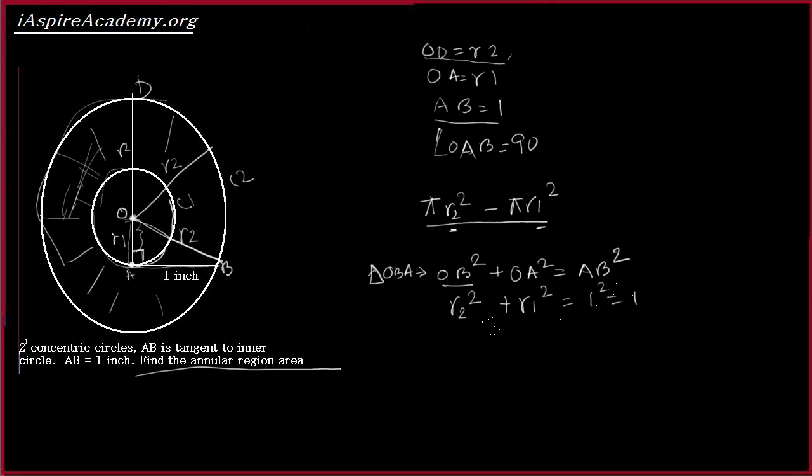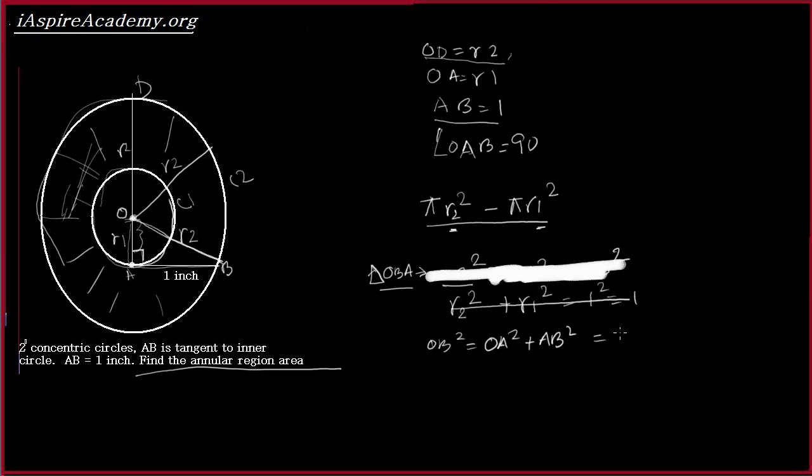I think we have made a mistake. OB square is the hypotenuse, so let me rub it off. Let's rub the whole line. So again, I'm writing down here: in triangle OBA, we have OB square equals OA square plus AB square.